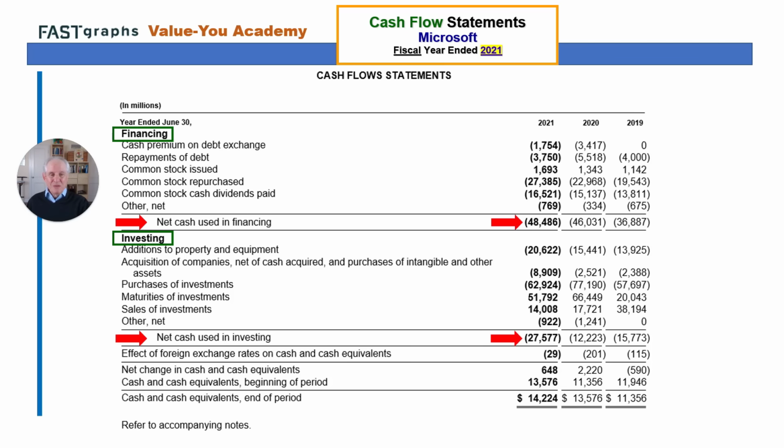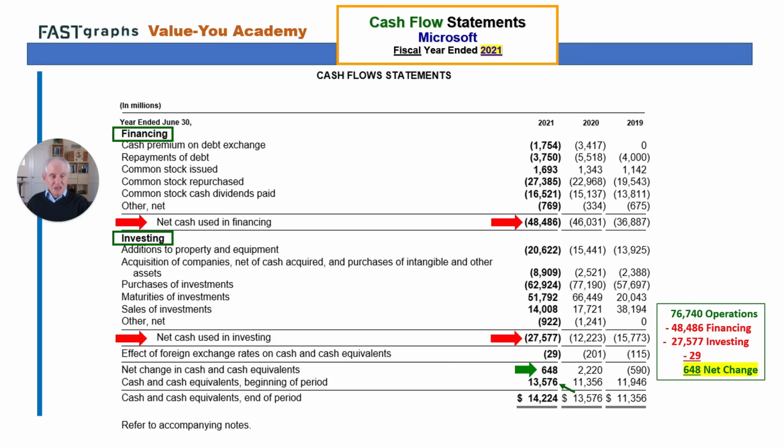We do the sum of the three numbers, and first of all, there's a little number for foreign exchange. That's the currency exchanges from all their global operations around the world. But the real change in cash is a positive 648 million during the year. Now, they started with 13.5 or 6. Where did we get that? From the previous year.